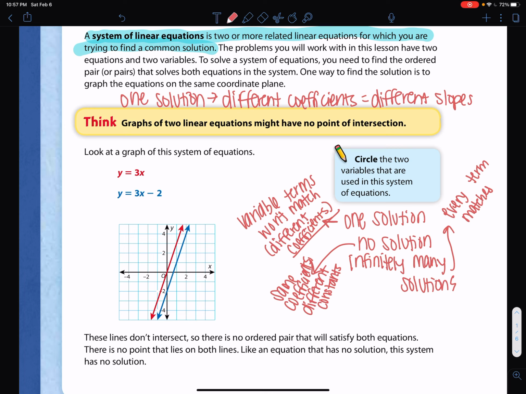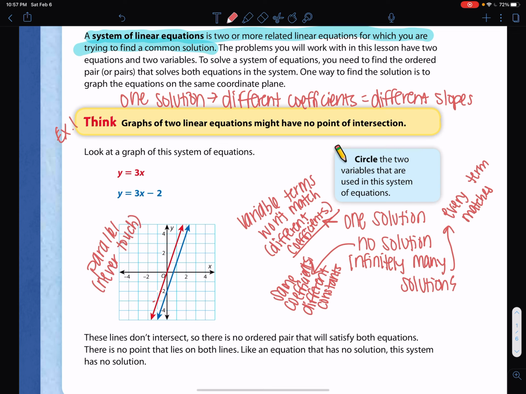This one that we're talking about here, for this first example, example 1, we can see that these two lines, when they're graphed, are parallel. And we know they're parallel because they can keep going on and on forever and ever without touching. So they never touch.